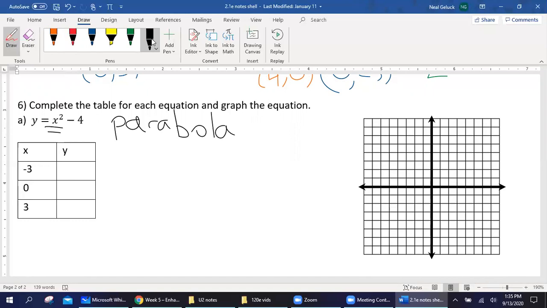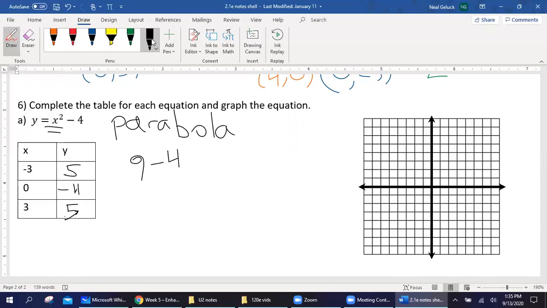I've already given you some x's, so if I pop those in, -3 squared, remember that's going to be +9 minus 4, 5. If I plug in 0, 0 squared minus 4, -4. If I pop in 3, 3 squared minus 4, that's the same thing. I'm going to get 5.